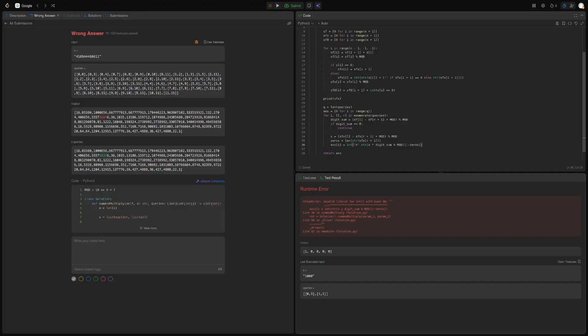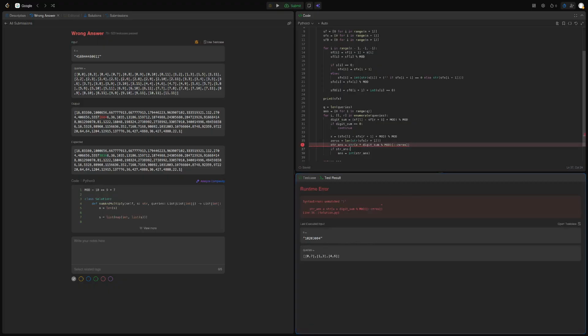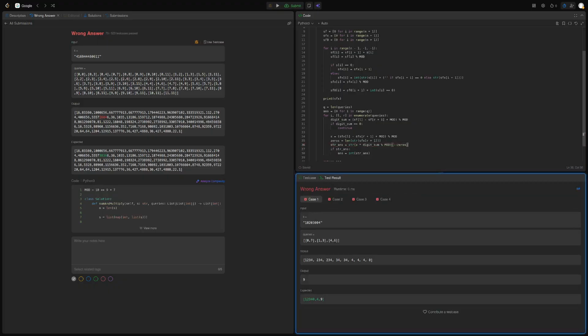Zero. Oh, okay. Str ans, if str ans int, str ans unmatch nothing.